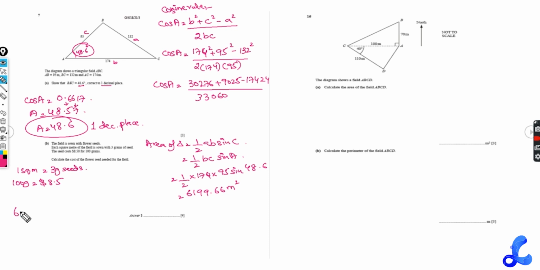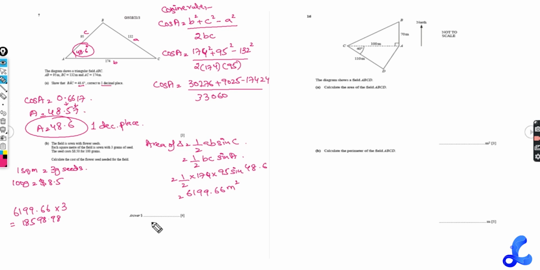So 6199.66 times 3 will tell you how many grams of seeds you require. When you do this, you get 18598.98. So this is how many grams of seeds you require.